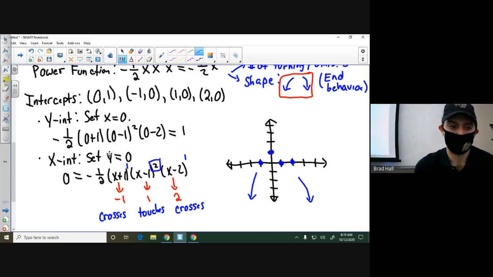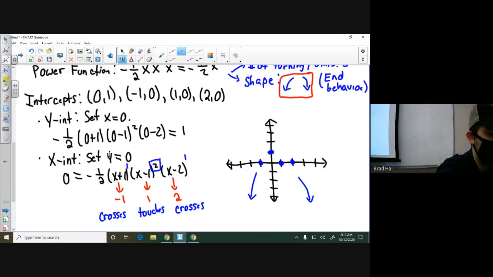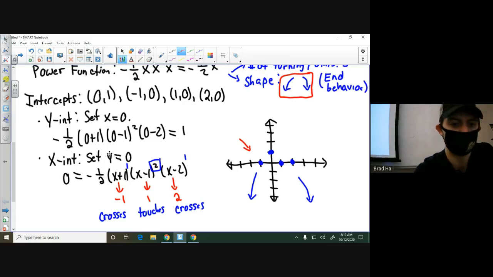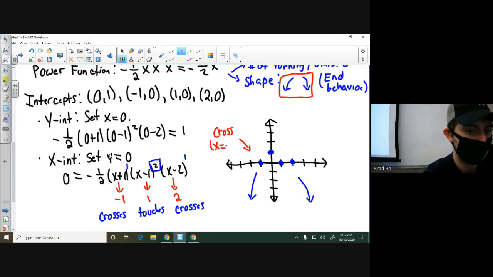And now the last thing we have to do is figure out crossing and touching. This value on the far left, that's crossing, because that corresponds to x is equal to -1. So this would cross through and then hit this point.